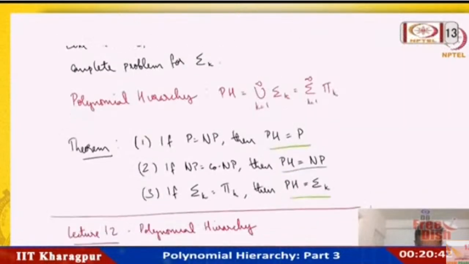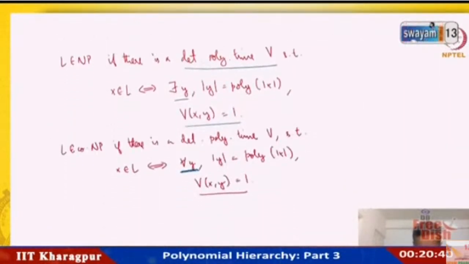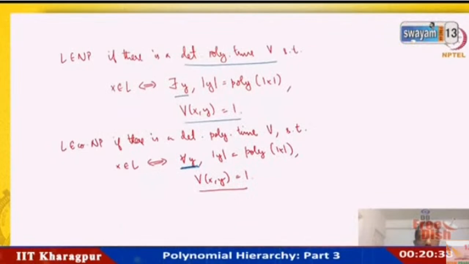So now I want to bring out a couple of points. One is that I mentioned co-NP is a class of all languages whose complement is in NP. Co-NP is not the complement of NP itself. It is a class of languages whose complement is in NP, right?